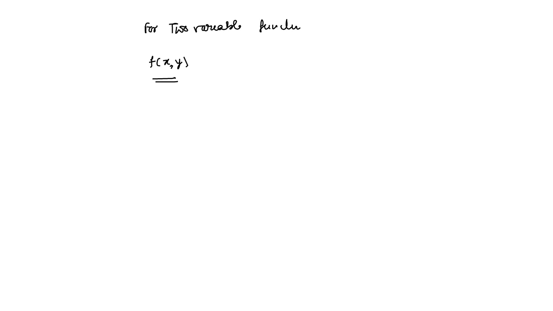So here we calculate del f upon del x and del f upon del y. We put the values of del f upon del x and del f upon del y equal to 0 and find the stationary point.